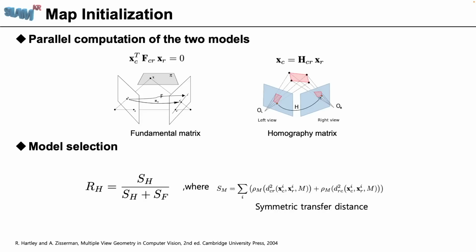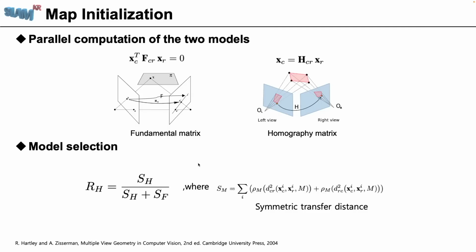Okay, so map initialization is an important module in the ORB-SLAM system. It computes the relative motion between frames using two different models, the fundamental matrix and the homography matrix. The fundamental matrix represents the relationship between two different views in a general scene, and the homography matrix does that in the case that planar structures are included in the scene.